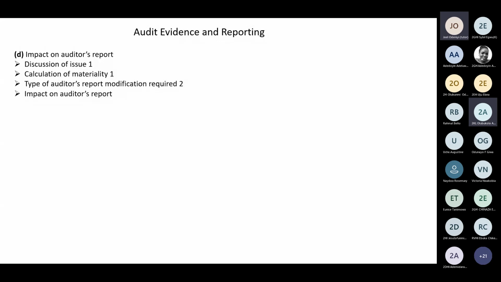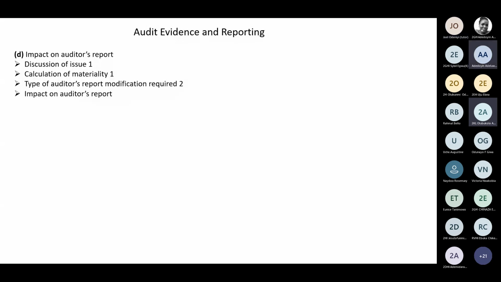If it's material but not pervasive, you're going to give a qualified except for opinion. That table you gave us, that diagram. Yes, very, very key. Please, you need to familiarize yourself with that table.